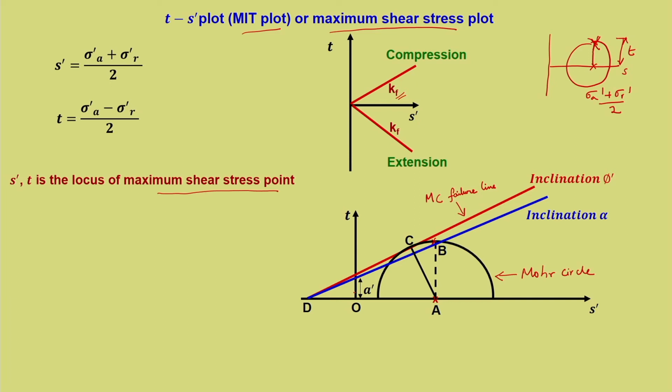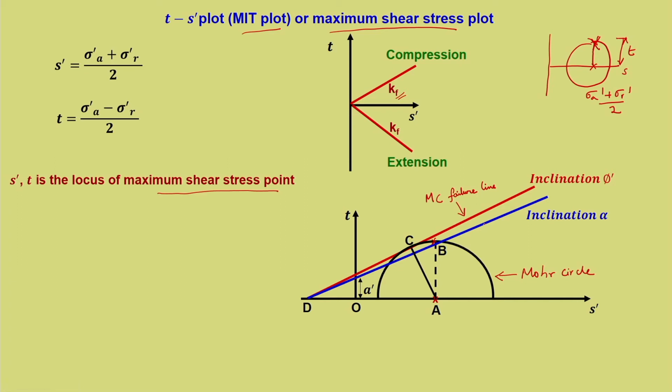Now, this particular intercept is given by A dash, the intercept of the line passing through the maximum shear stress point, and we know the intercept of the Mohr-Coulomb failure line is C dash. I have not marked it because we already know it; if I mark it, it becomes more cumbersome. So, this is how it is.